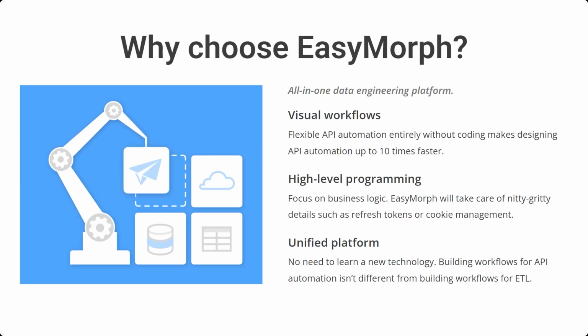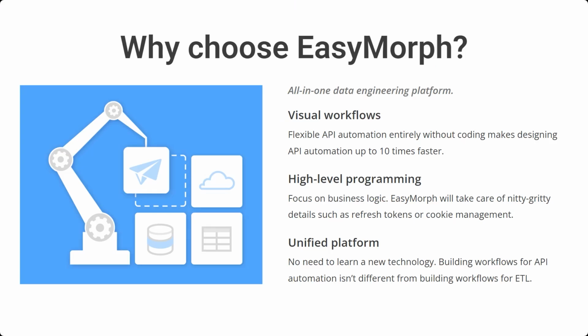Second, in EasyMorph we try to abstract away technical nuances of API automation. So EasyMorph takes care of many technical low-level details such as authentication tokens or cookie management or session management, so you can focus on business logic, what exactly your APIs should do from a business perspective.